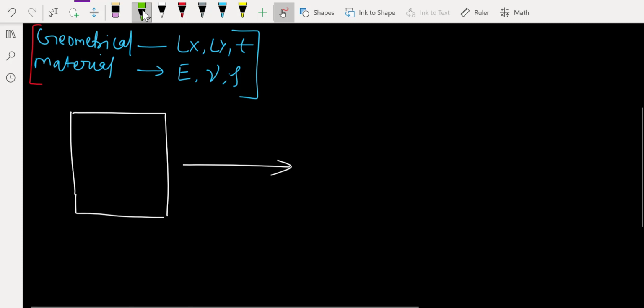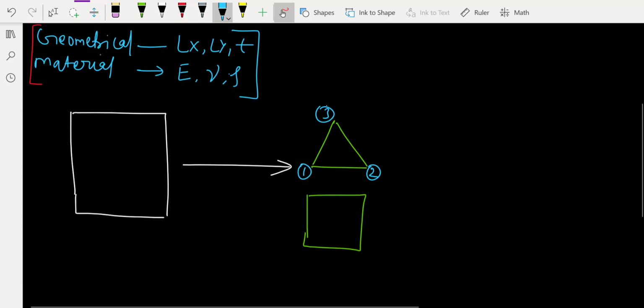So basically there are two basic element types. One we call a triangular element, and the second one is called a rectangular element. So in a triangular element you have node 1, node 2, node 3, and in a rectangular element you have node 1, node 2, node 3 and node 4.